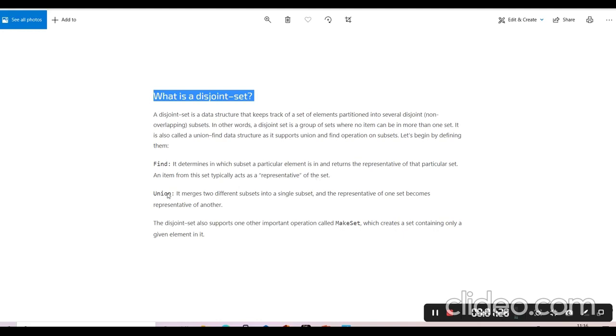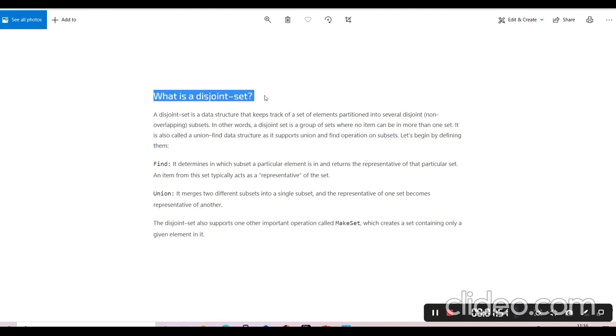And what does the union operation say? It merges two different subsets into a single subset, and the representative of one of the sets becomes the representative of the other. The disjoint set also supports one other important operation called make set, which creates a set containing only a given element.